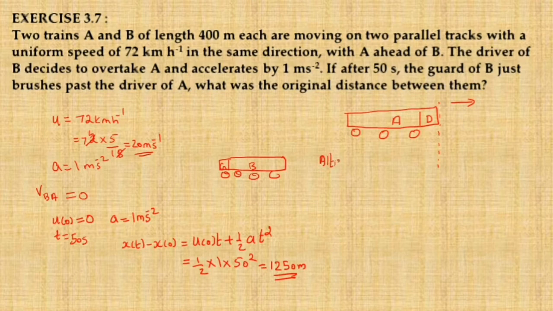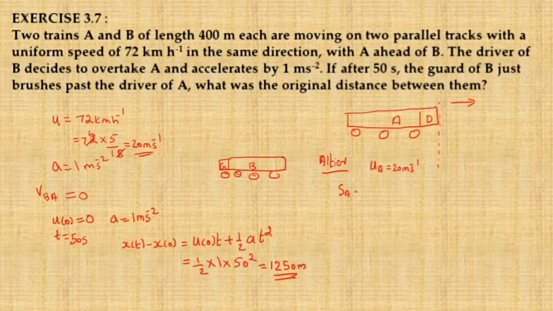We can do it in another method. So what is the initial speed of A? That is given as 72 km per hour, which is equal to 20 meter per second. Correct? So what is the distance traveled by the train A when the time is equal to 50 seconds?